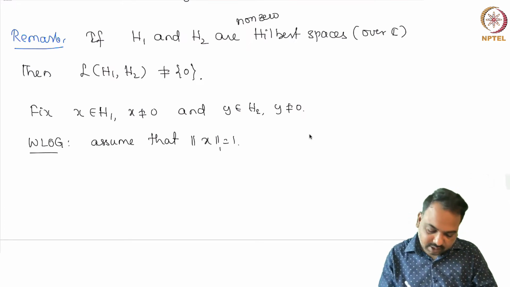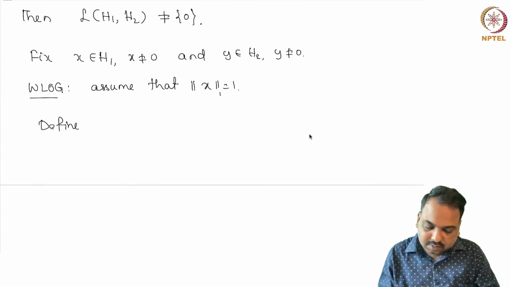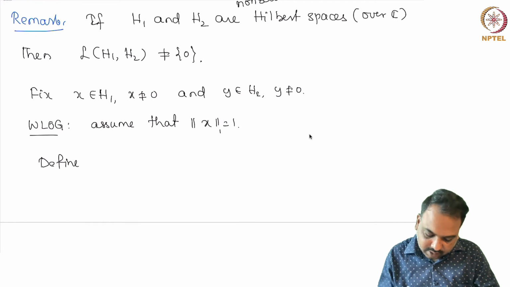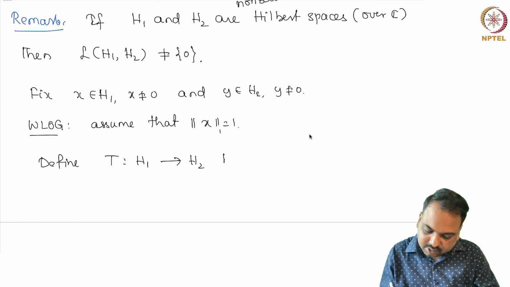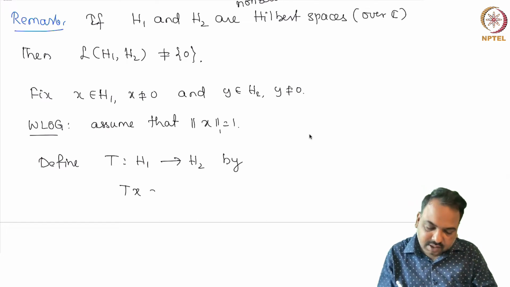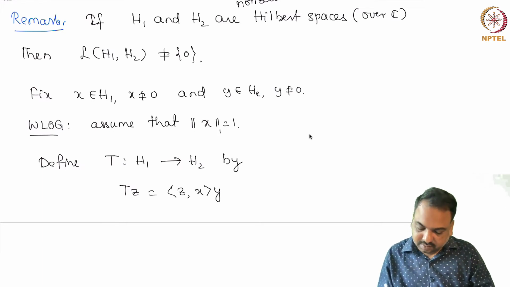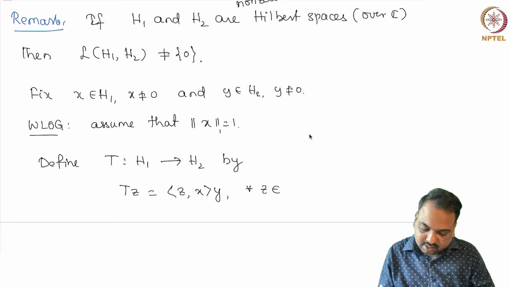Now define T from H1 into H2 by T of z equals the inner product of z with x, multiplied by y, for every z in H1.